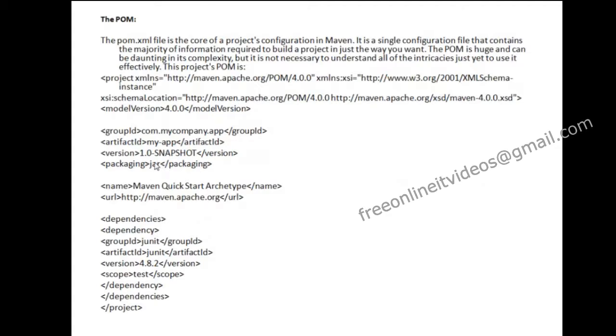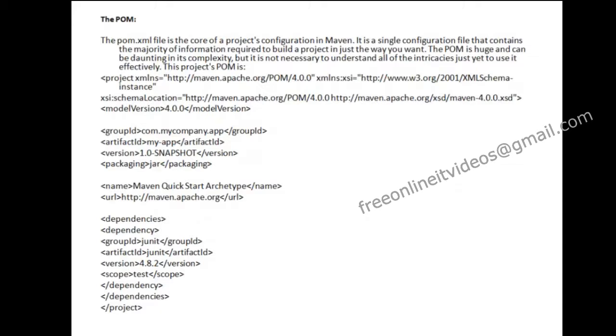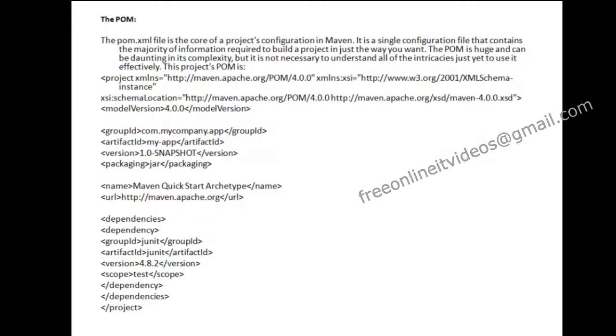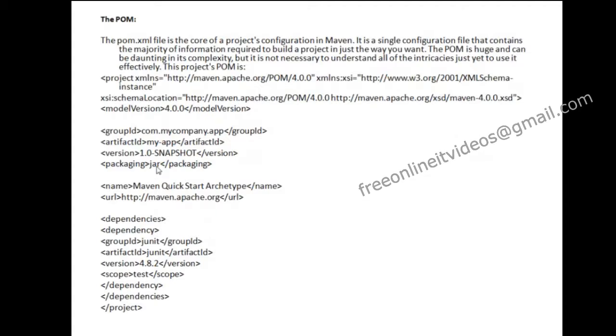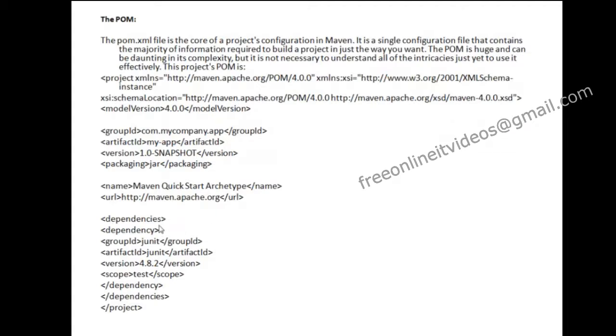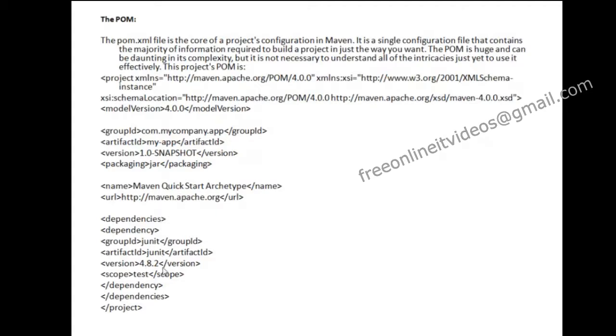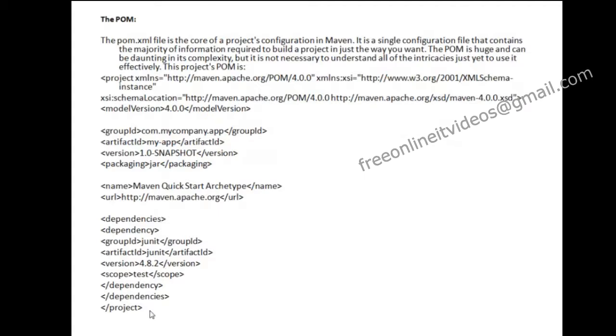Coming to the important part: the output format in which you want to generate the artifacts after running a build. I said packaging should be a jar format. Any dependencies you'll be specifying here, and the Maven version, some scope, some dependencies, that's it.